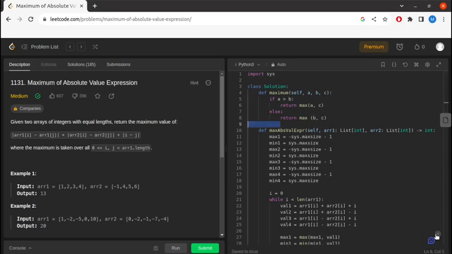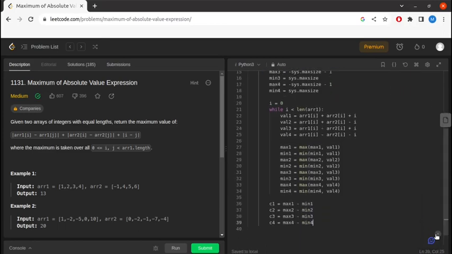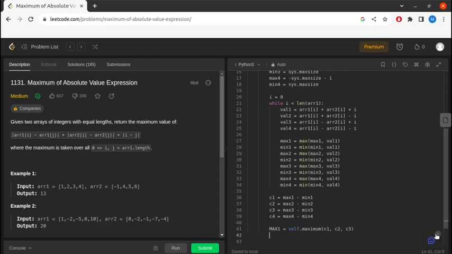So that is how this thing is there. Let's do this. So max1 is equal to self.maximum, and let's pass the values here, c1, c2, and c3. So the maximum of c1, c2, c3 is there in max1, and now just return the max of max1 comma c4, right?